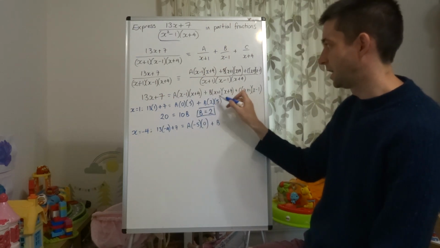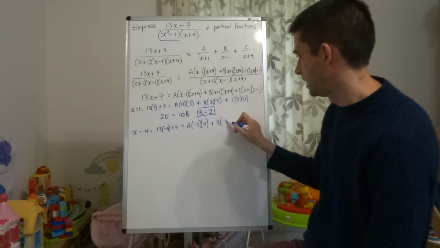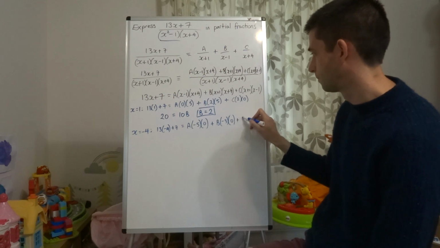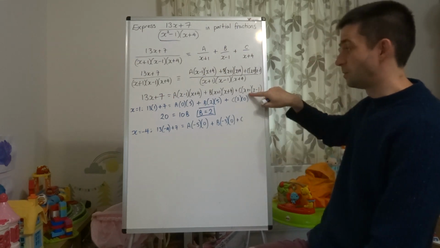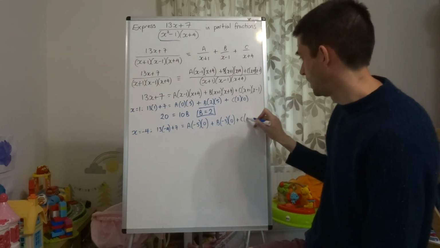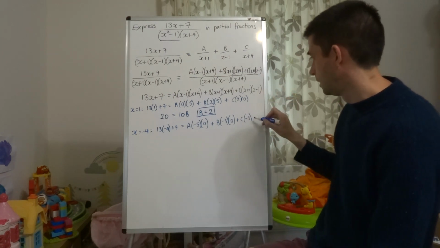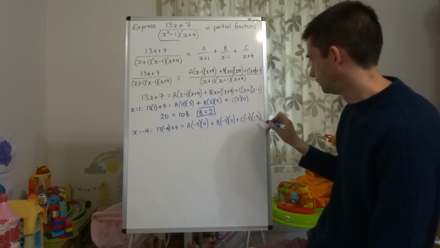If I substitute negative 4 in here, I'm going to get negative 3 and then 0. And then with c, if I put negative 4 in here, I'm going to get negative 3. And if I put negative 4 in here, I'm going to get negative 5.